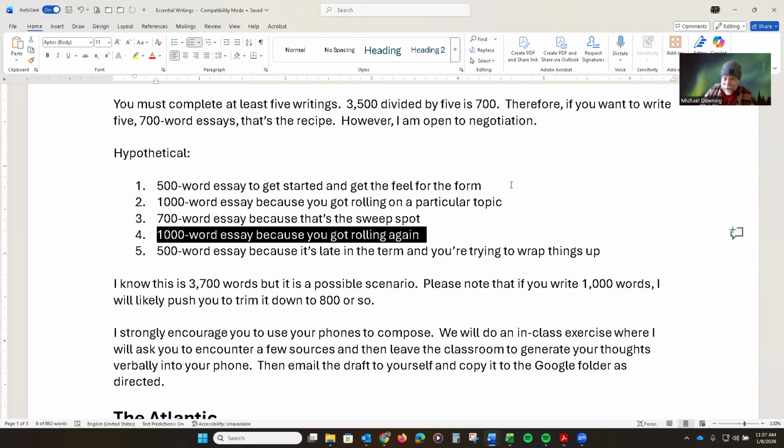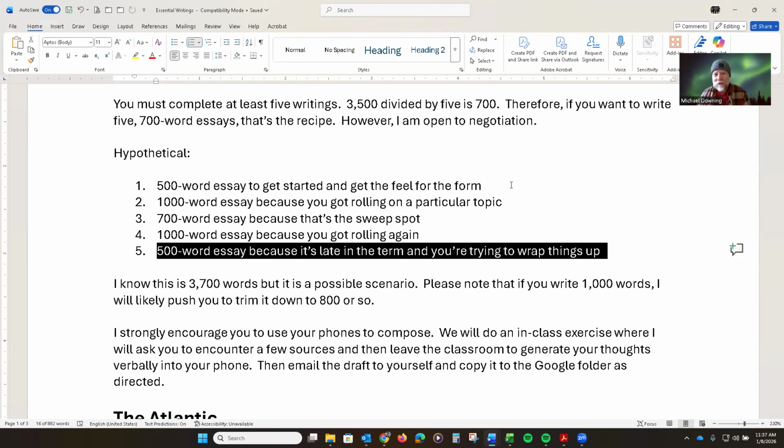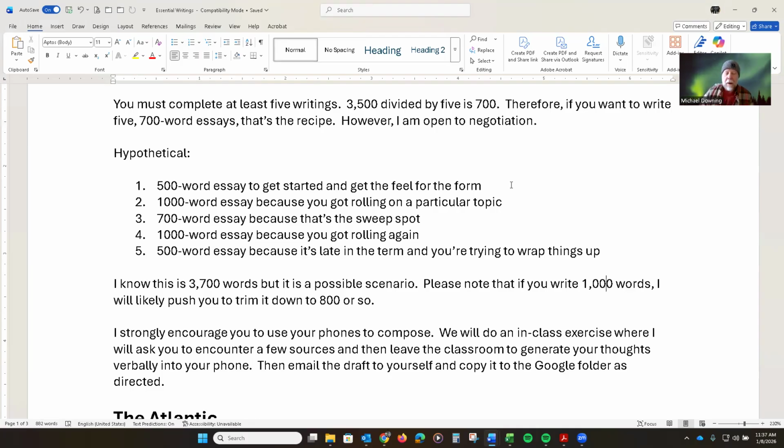If you get rolling again, you could do 1,000. And then if you're at the end of the semester and you're just trying to wrap up and you want to knock out 500, you could do that and be done. Now, I know this is 3,700 words, but I'm just trying to show you the flexible nature of it. If you go over the 3,500 words, that is fine, but I really don't want you to go much over that in terms of your finished product.